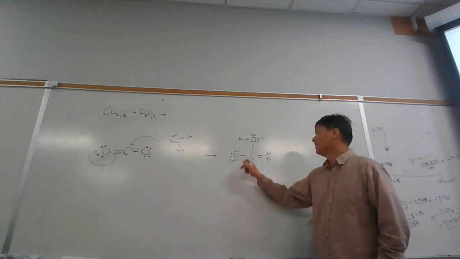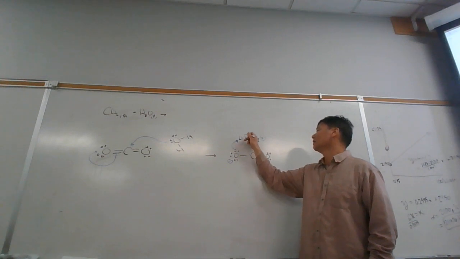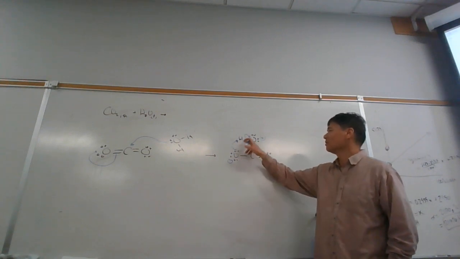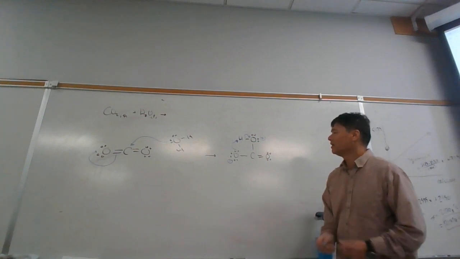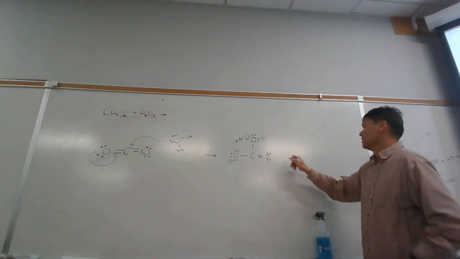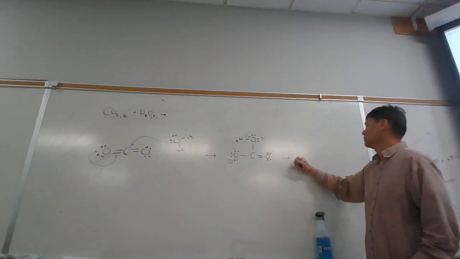Terribly stable. And then this lone pair is going to get pushed into this hydrogen here and then kick out this bonding pair. You have to show the arrows, and then you have to show all the products. In this case, there's only one. And so we're going to end up with something like this.